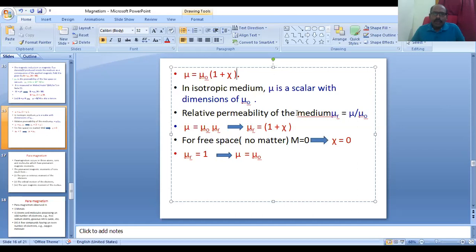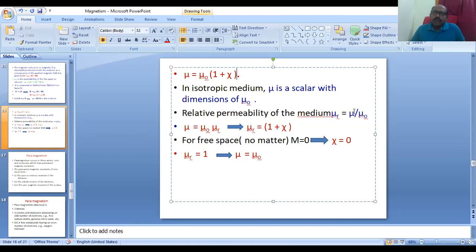Relative permeability of the medium. Here we are defining one more quantity, the relative permeability of the medium. As compared to the permeability of vacuum, how much is the permeability of the medium?